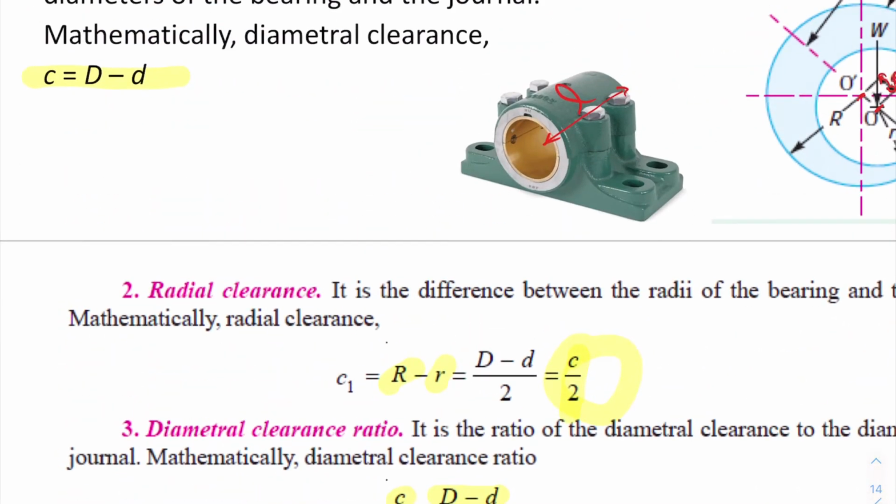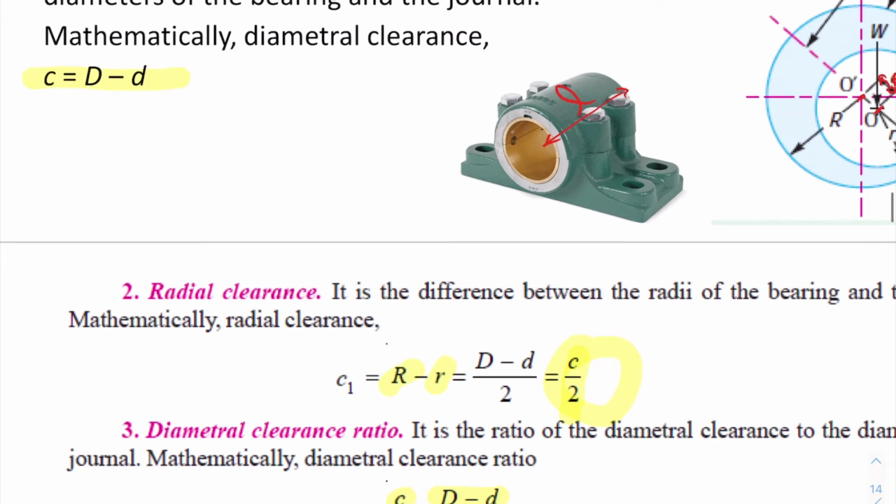We have a length, and here this will be the diameter of that bearing. Remember, whenever we are talking about the length of journal and the diameter of journal, we have to take it as the projected area of that journal.